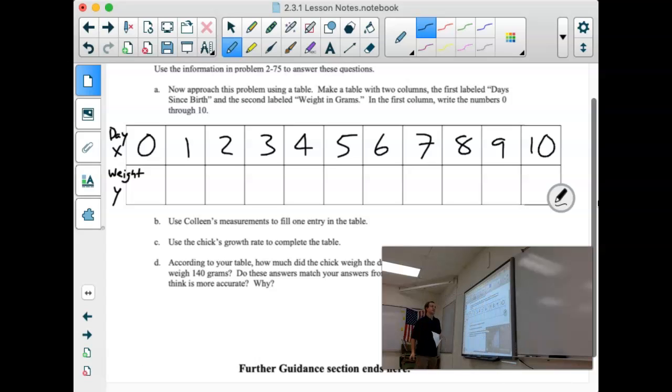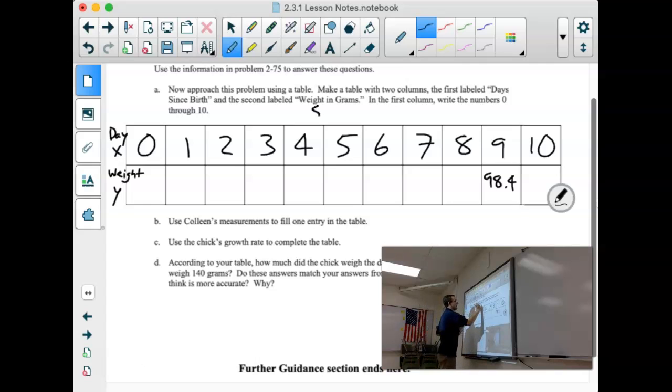Then we have to figure out the outputs. We know for sure point number 9, because that was in our directions in 275: at day 9, that chick weighs 98.4 grams.